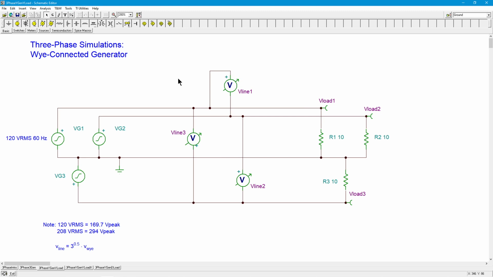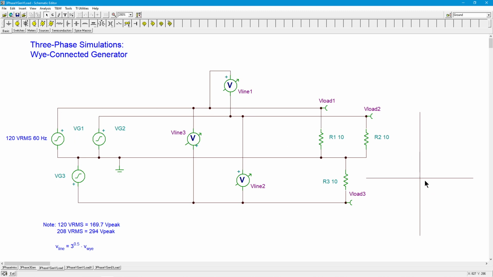Now, because this sometimes is a little confusing for people, I'm going to do a quick drawing over here. Think about what it means to say line voltage number 1. Voltage is always a difference, so that's VG1 minus VG2.